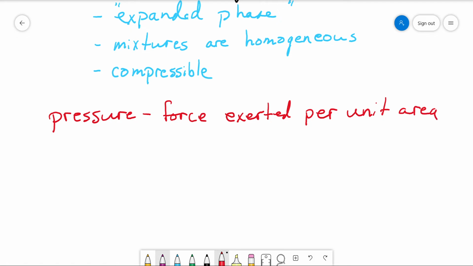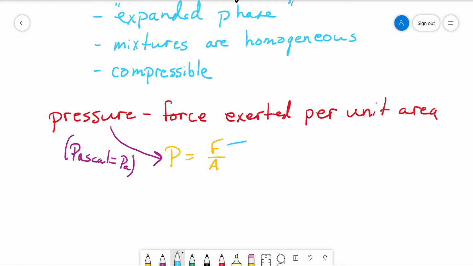If we look at an equation of pressure, P is equal to F over A, where P is pressure, and we use the unit, the Pascal, I'll define that more in a second, or Pa. F, of course, is force, and then A is area.